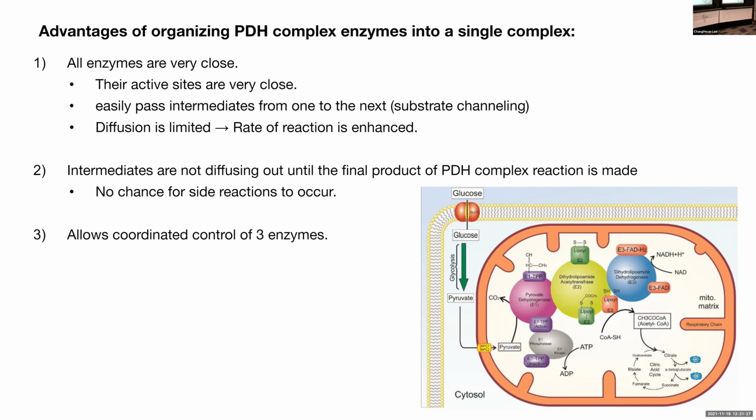If those molecules just diffused out and happened to collide with other molecules or enzymes, they could be processed in a different way, resulting in some kind of side product, right? So it limits that. So the rate of the reaction is enhanced. And also, there are going to be little to no chances for side reactions to occur.